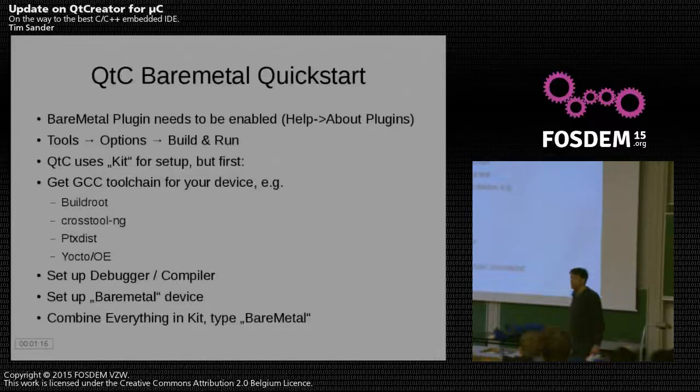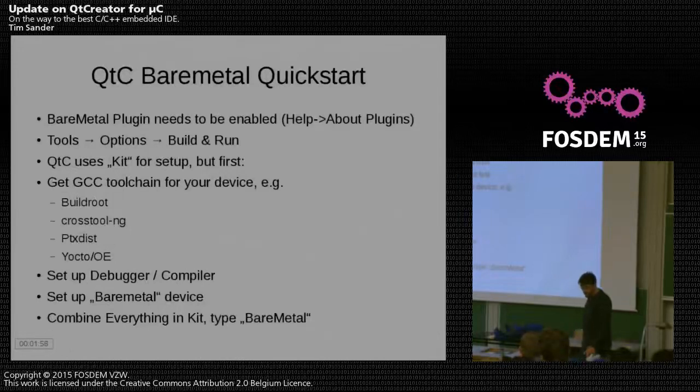QtCreator also has support for LLVM as backend and some other tool chains, but I think you mostly might have a GCC tool chain. And you can take a tool chain from these build tools, or you can download one with your distribution. It should all work, given that it has Python scripting support. That's important.